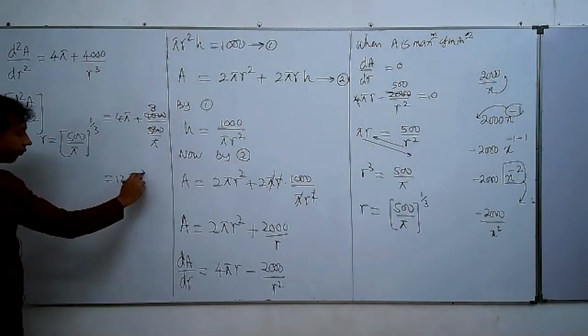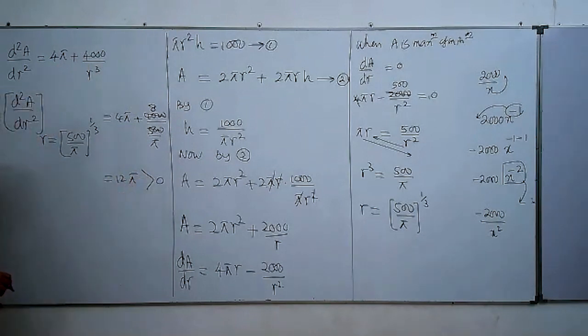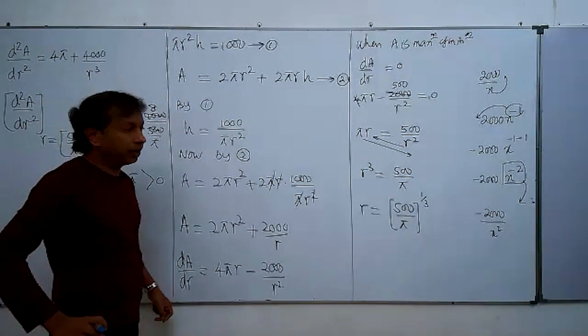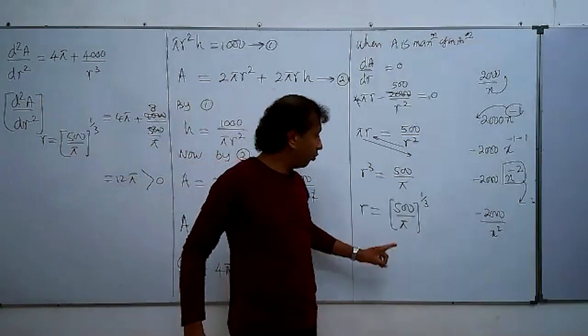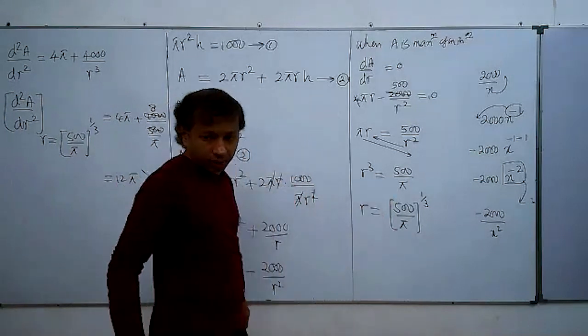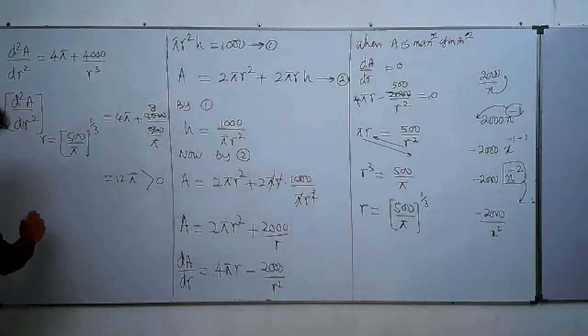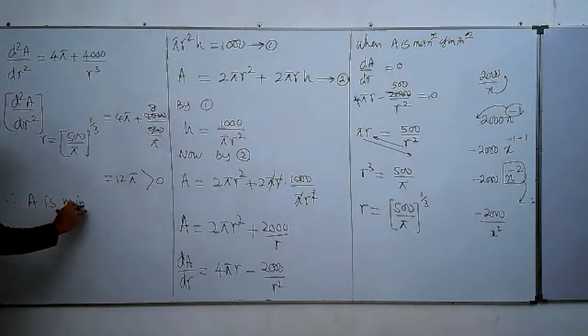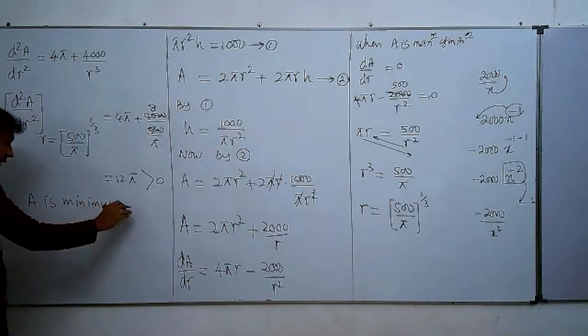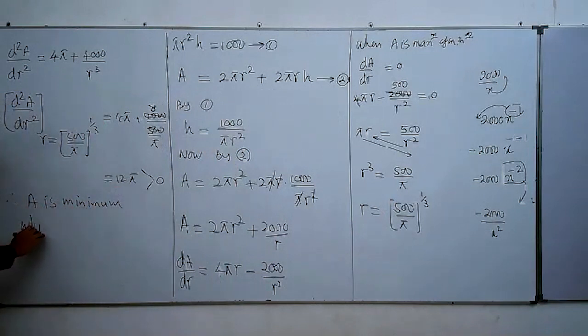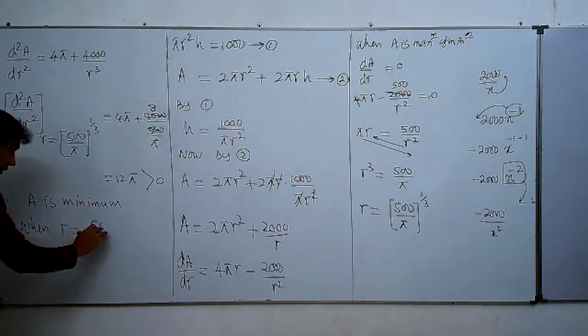Obviously, this is positive. Second derivative positive means that A is minimum at this value of r. Right? Therefore, A is minimum when r equals (500 divided by pi) to the power 1/3.